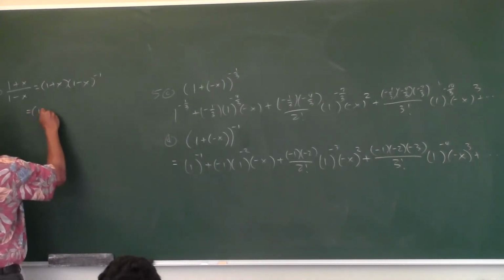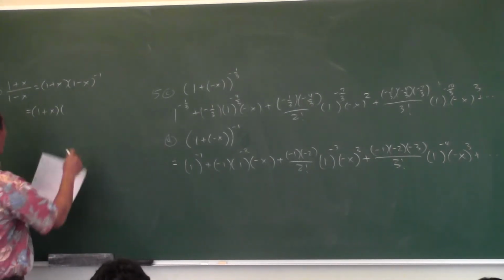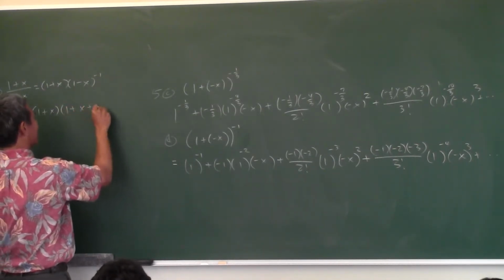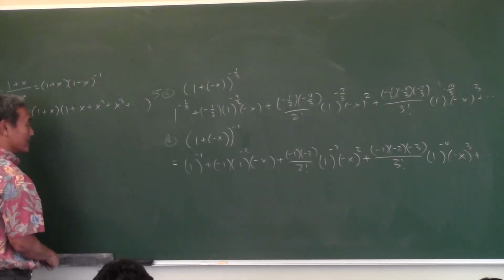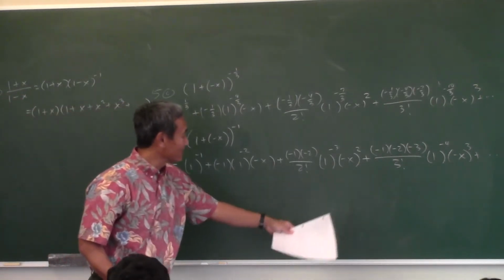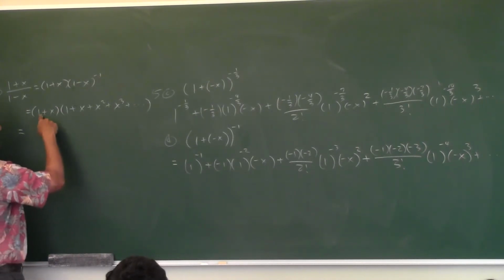So we've got 1 plus x, and what was the answer from problem 5d? Let me look at the bottom. 1 plus x plus x squared plus x cubed plus dot dot dot. See how that simplifies so nicely? Anyway, do we remember how to multiply polynomials? You take the first term, distribute it.